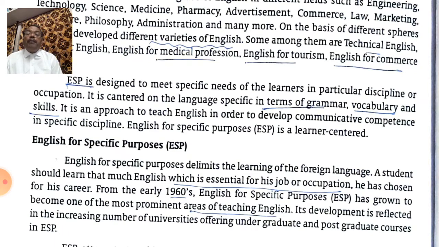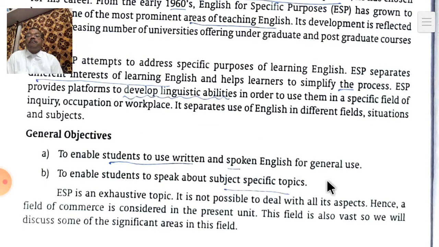Its development is reflected in the increasing number of universities offering undergraduate and postgraduate courses in English for specific purposes. This unit is prescribed here with the main objective to enable students to use written as well as spoken English for general use. Today what happens?